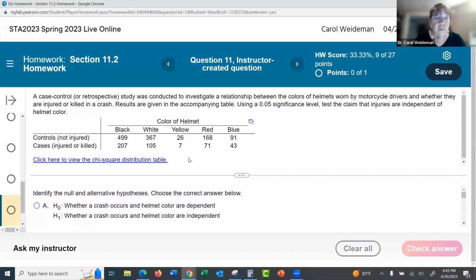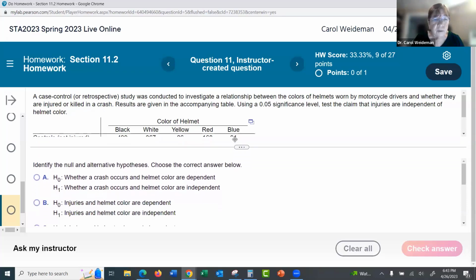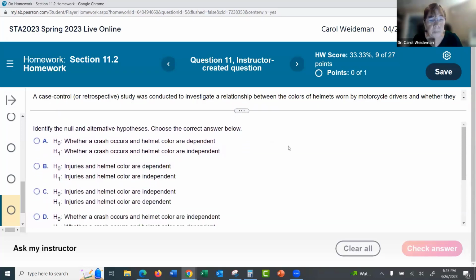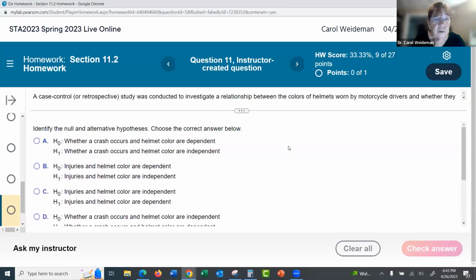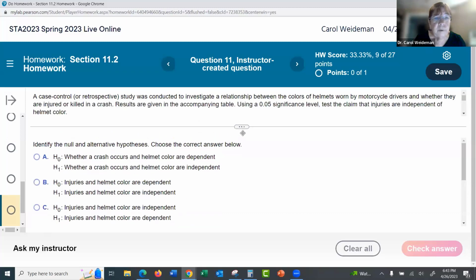So the two variables we're looking at are, what are they calling it? Injury, I guess. Oh, crash occurred. Whether, no, not crash occurred. It's whether they were injured or killed. Let's take a look here. Oh, they're calling it crash occurred. Let me get back and look at this again.